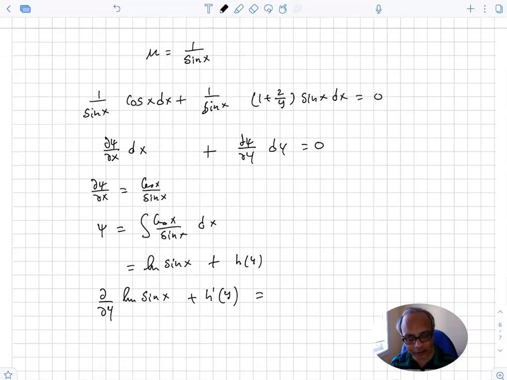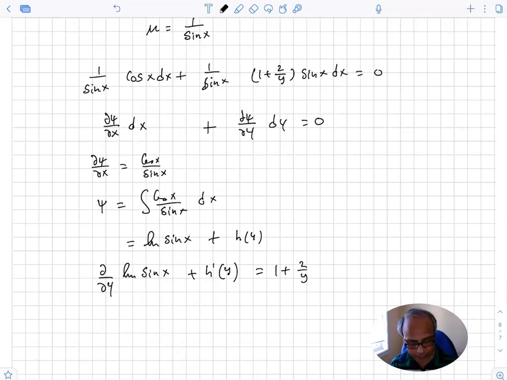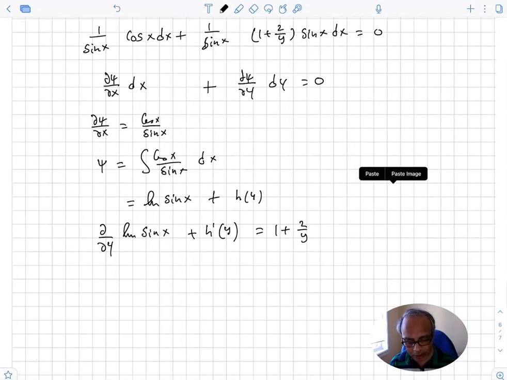So after multiplying by the integrating factor, this quantity must be d psi dy, and here what happens is that sin x gets cancelled, so you have 1 plus 2 over y. Okay. So in the left hand side, the first term is ln of sin x, differentiation with respect to y, which is 0.